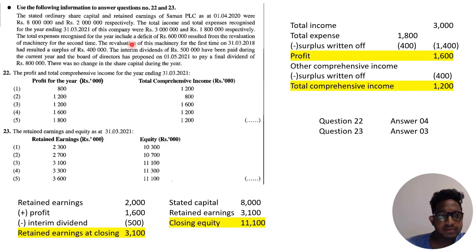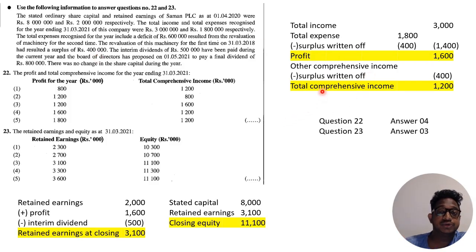That's okay, but this is the revaluation of machinery for the second time. If it is the first time revaluation deficit, yes, you can record that as an expense, meaning other expenses. But here, it's a result of the second time revaluation. And the revaluation of this machinery for the first time was 400,000. So the last time revaluation surplus you should write off against the current year revaluation deficit.